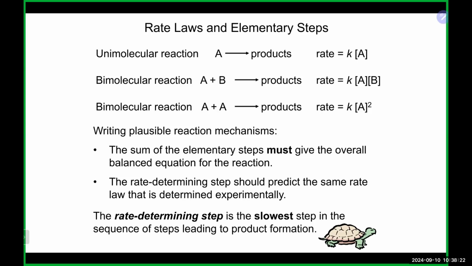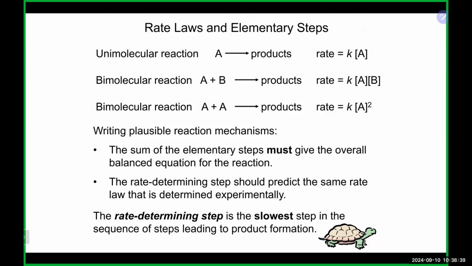If you remember earlier on, the only way we can figure out the orders is to use the experimental information. So this is the one place where you can write a rate law for an elementary step in a mechanism, and you can use the coefficient as the order.